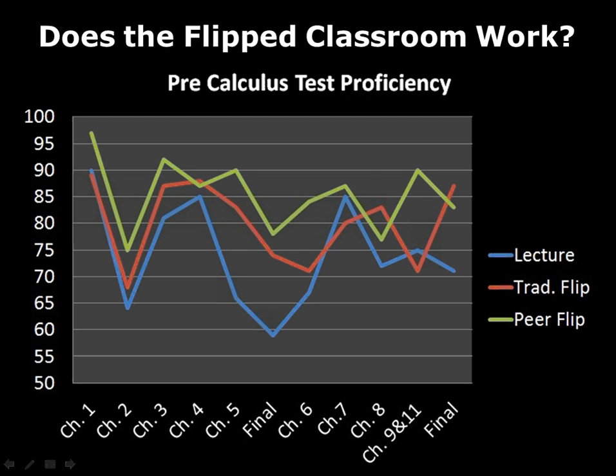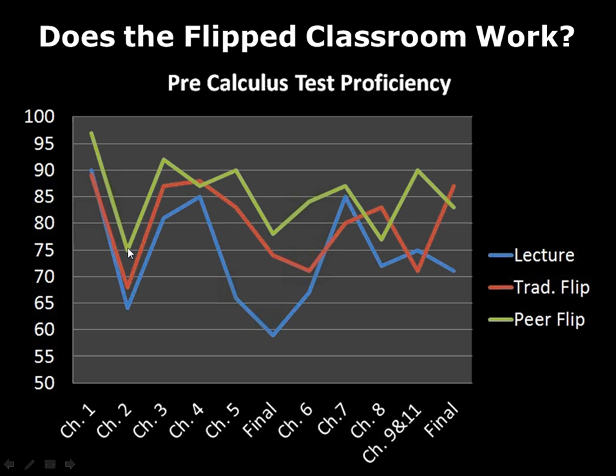Same idea here. Oh, and both of these slides we're looking at proficiency. What we mean by proficiency here at Byron High School is the percent of students that are at 80% on your test or above. So in this situation here, 97% of my students ended up getting 80% or above on that test.